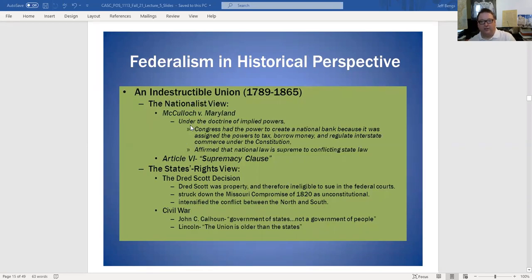So using the doctrine of the implied powers, not the express powers, but the powers that were basically an implication of what was in the Constitution for Congress, the Supreme Court said Congress had the power to create a national bank because it was assigned the powers to tax, borrow money, and regulate interstate commerce. And so this case is so important because it affirmed that national law is supreme to a conflicting state law.